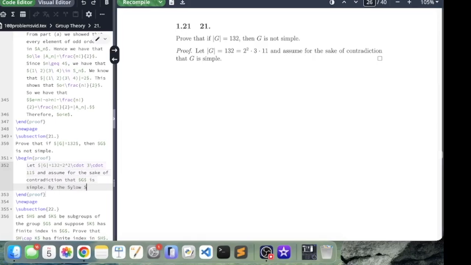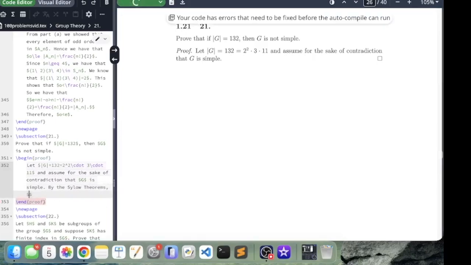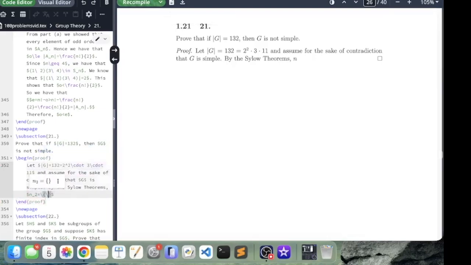By the Sylow Theorems, the possible number of Sylow 2 subgroups, well, let's actually start with 11.